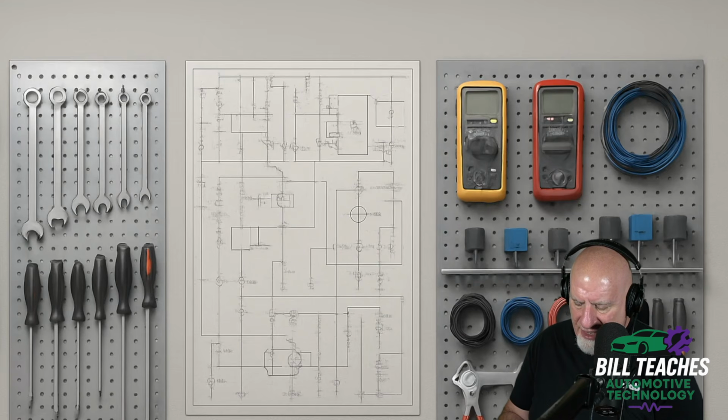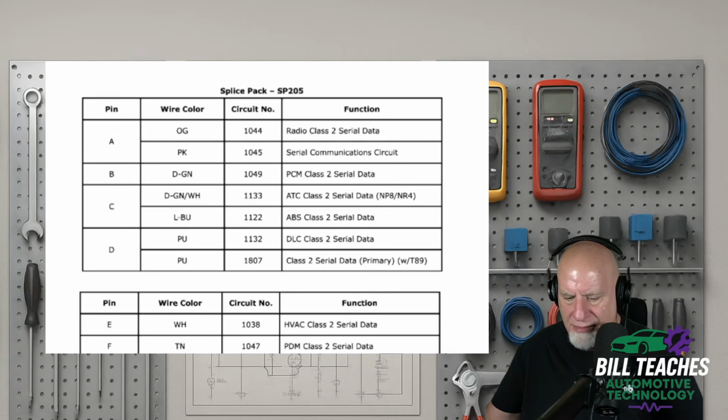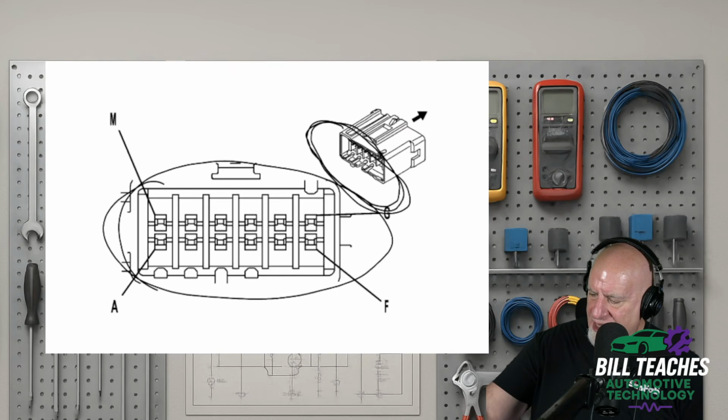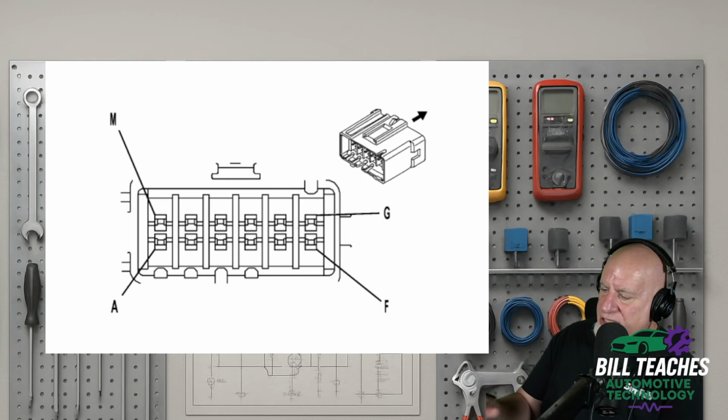So you'll need to find a picture. What I do with these is I'll print this out and have it handy. So let's take a look at this. It shows you how you're looking at this as well. So pay attention to where this clip is right at the top here.